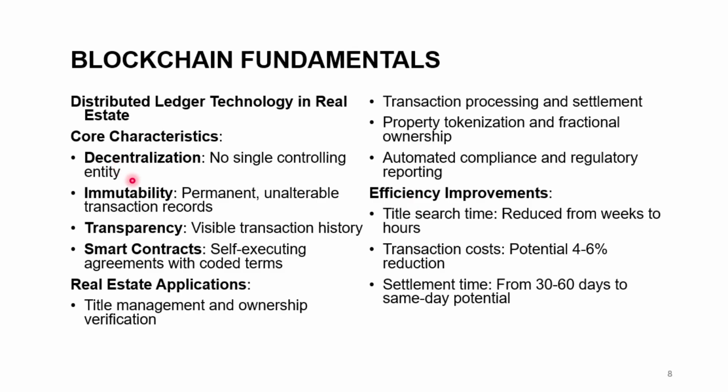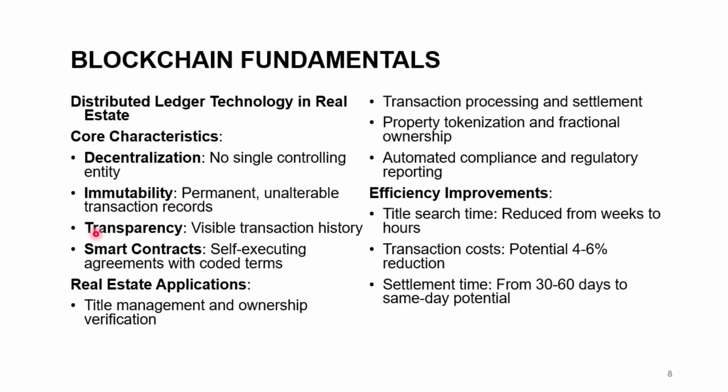and practical applications. So decentralization means no single controlling entity. Transactions are verified by multiple parties across a network. Then immutability ensures permanent, unalterable transaction records, a very big feature of blockchain.